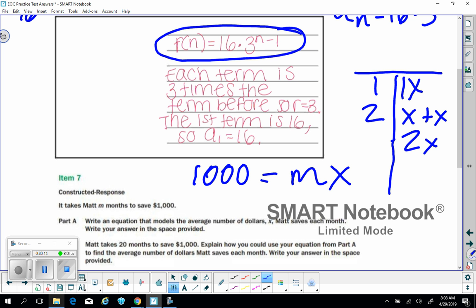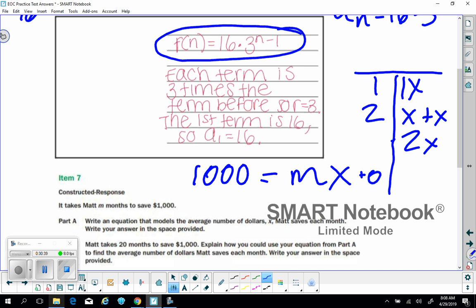Does that make sense? Is that really confusing to anyone? Another way you can think about it is if you think of slope, y equals mx plus b, right? He started with nothing, so his b is 0.